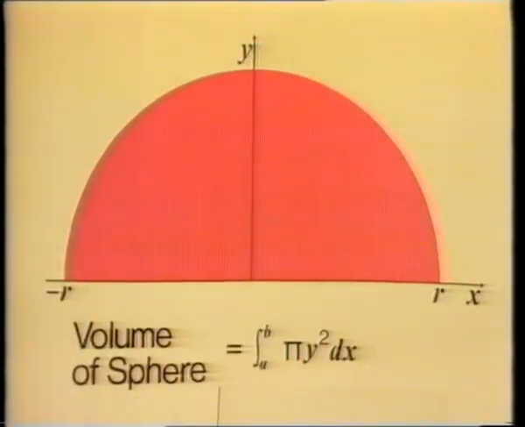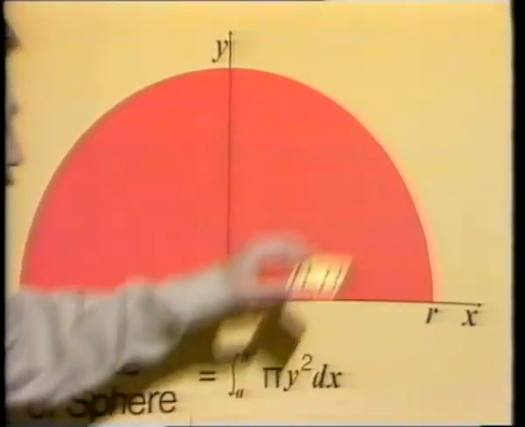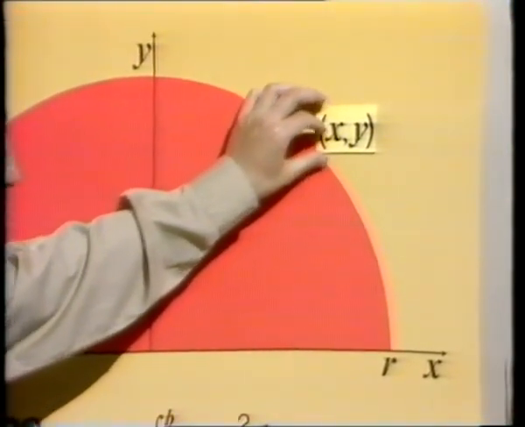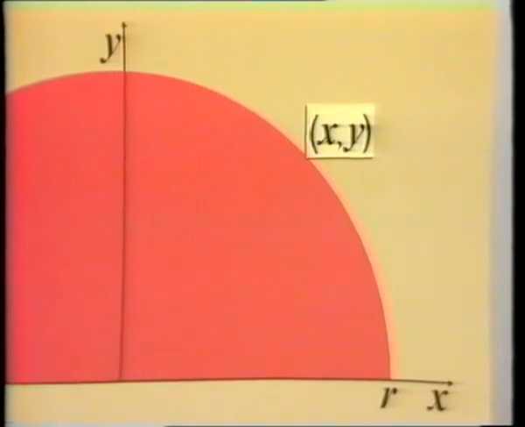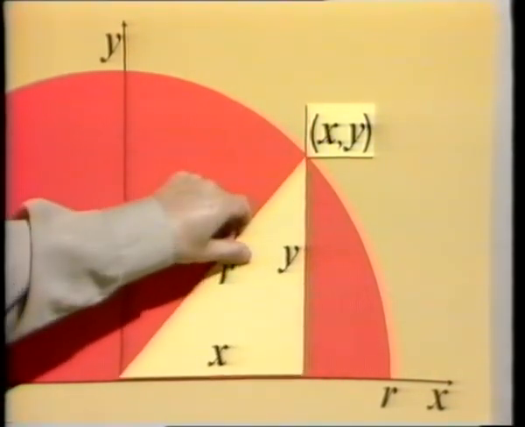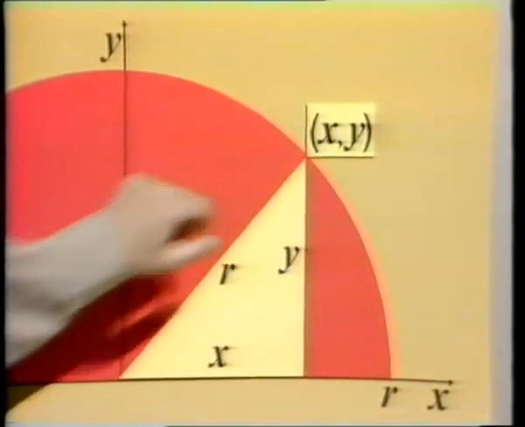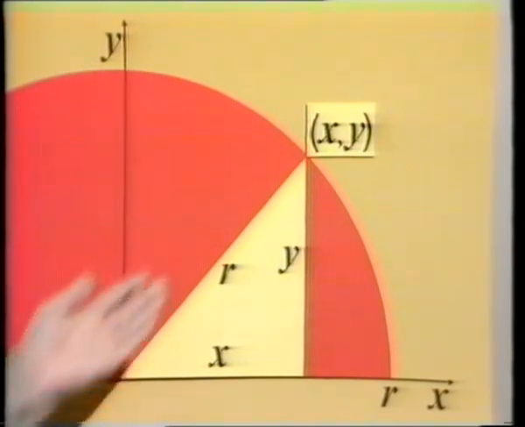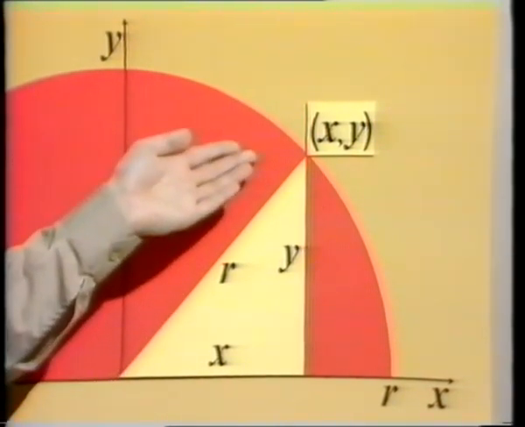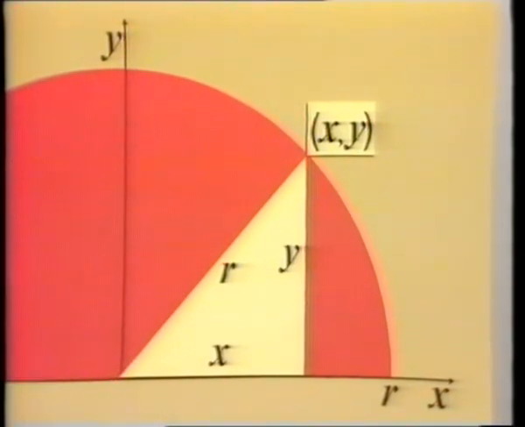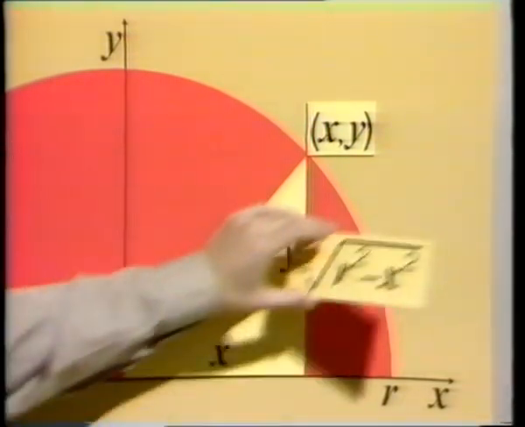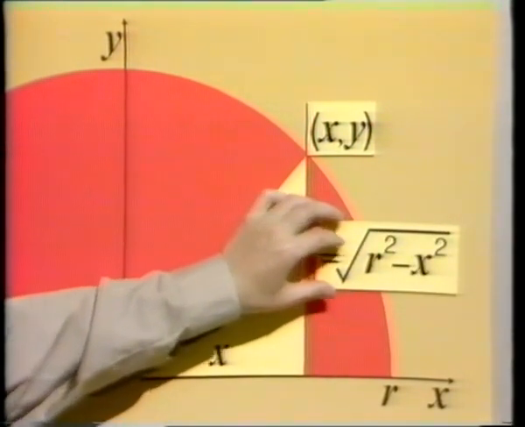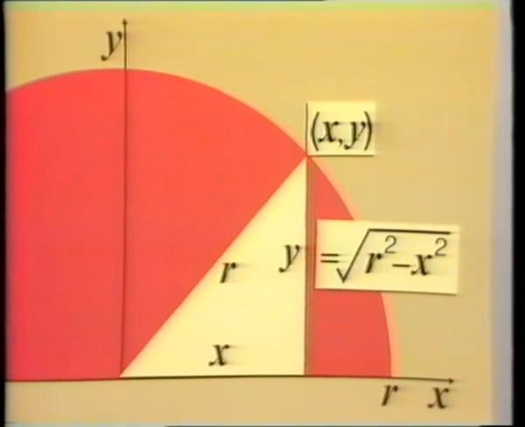Second, we need to get a formula for y. Let's look at this point with coordinates x, y. Now, this distance is x, and this radius is the radius of the sphere. And so, by Pythagoras' theorem, y must be equal to the square root of r squared minus x squared.